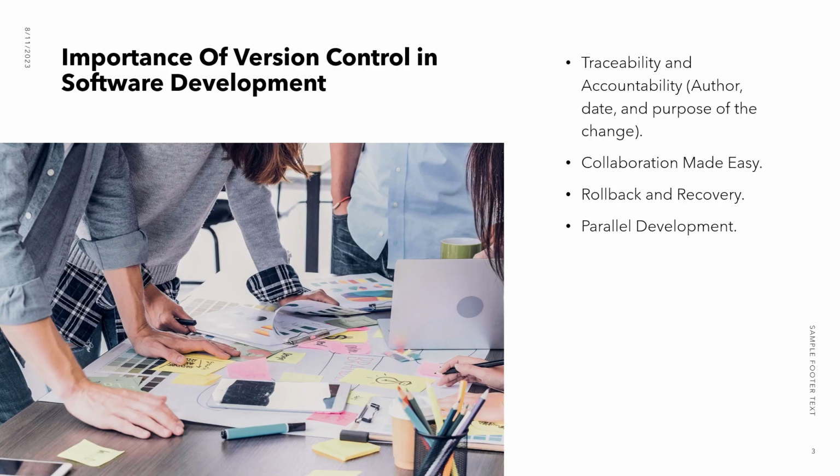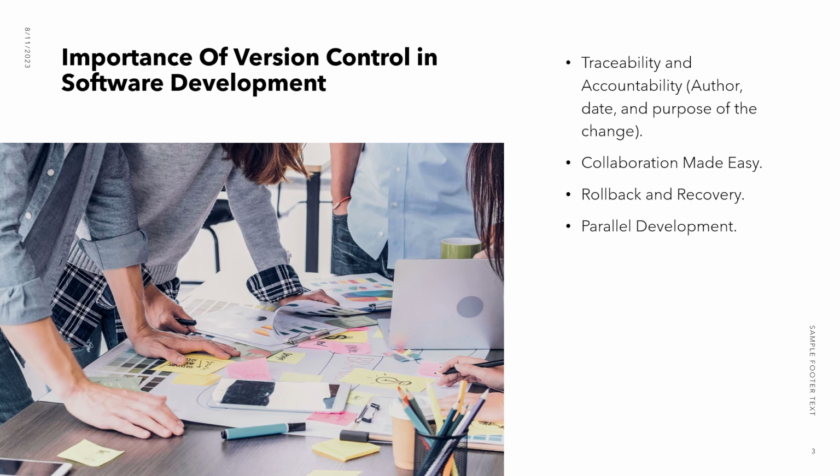Here we're going to be looking at some of the importance of version control systems within the software development life cycle. To begin with, version control systems help us trace every change that has been made on a particular project over time, and that is traceability and accountability.